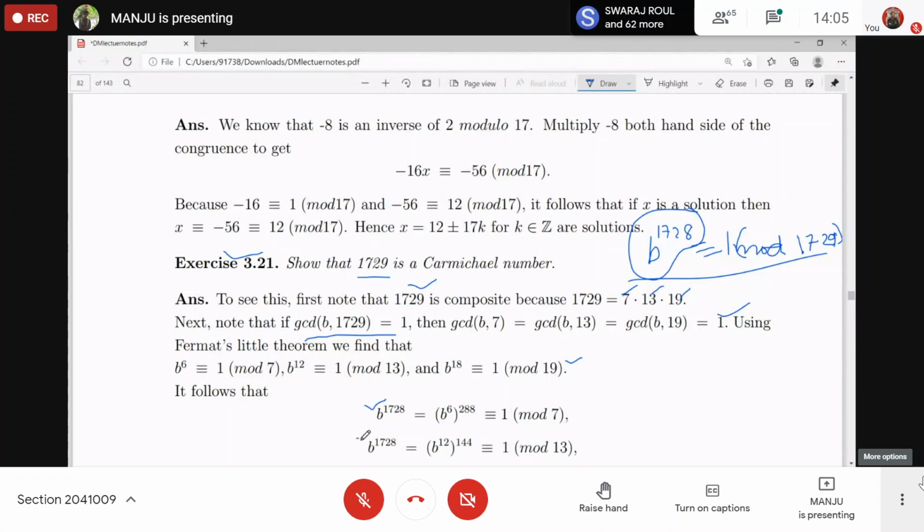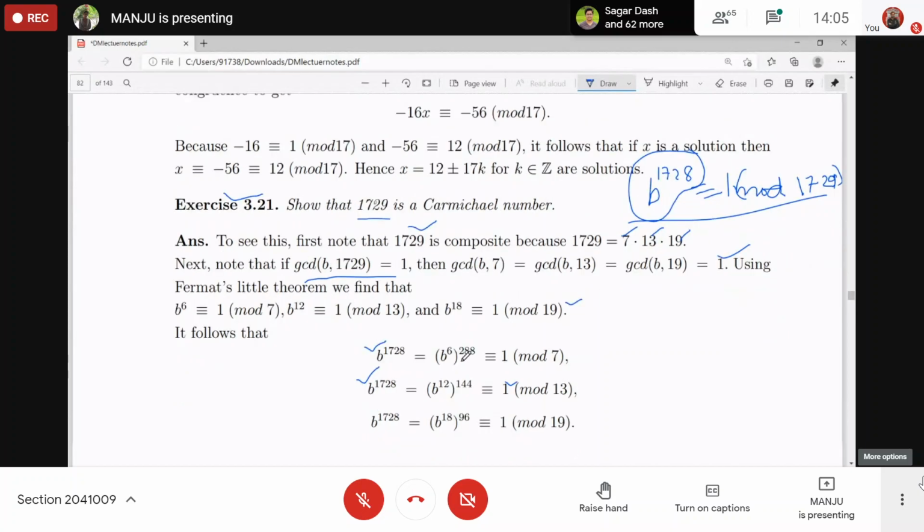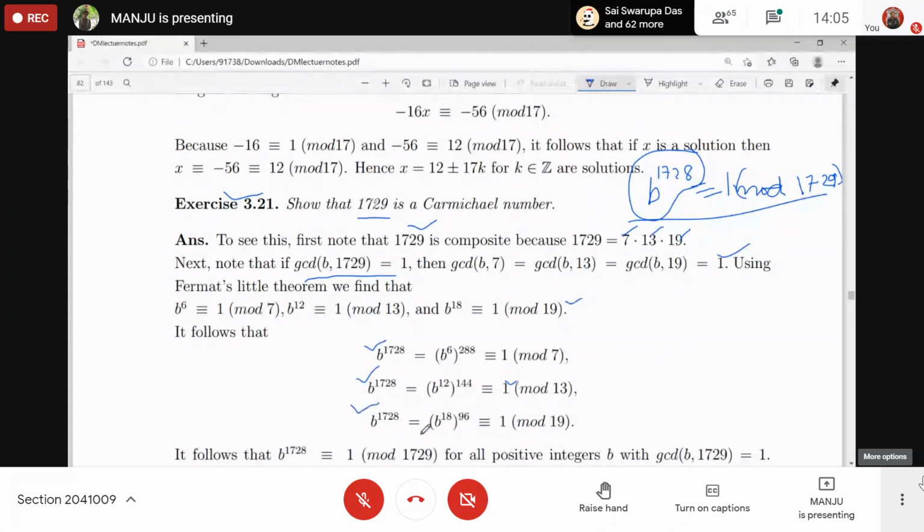You get b raised to power 1728 is congruent to 1 to the power 144, that will eventually give you 1, right? And for b raised to power 18, if you take 96 power on both sides, you are getting b to the power 1728 is congruent to 1 raised to power 96, that will be giving you 1, modulo 19. So this is 7, 13, 19.